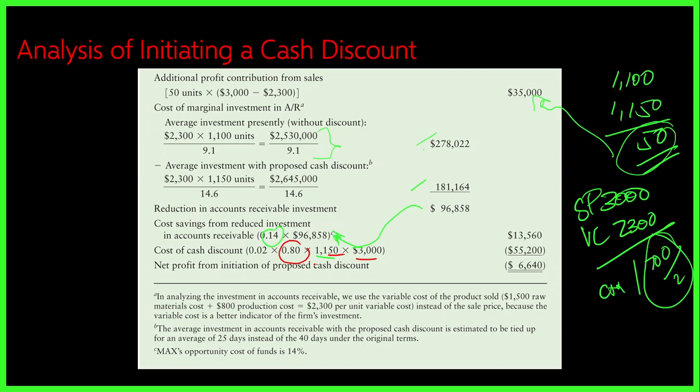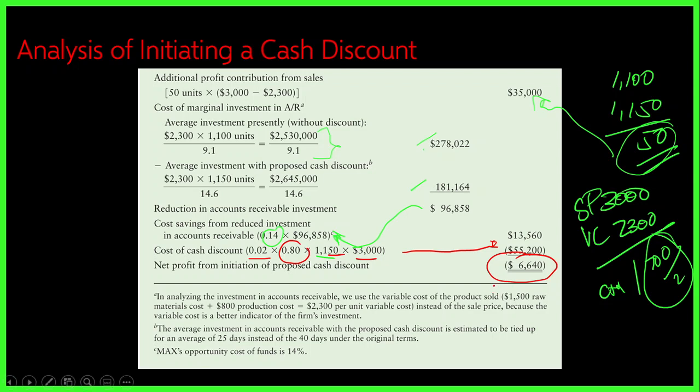In this case, it's assumed to be 80%, no? We assume that 80% will avail the cash discount. And how much is the cash discount? It's 2%. You multiply that. That's now your additional cost, 55,200. Resulting to a negative 6,640. This will reduce your profit.